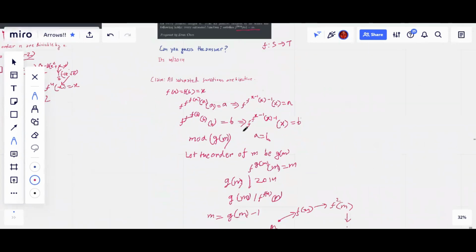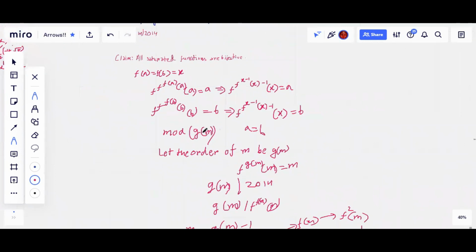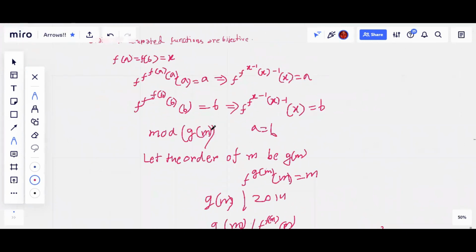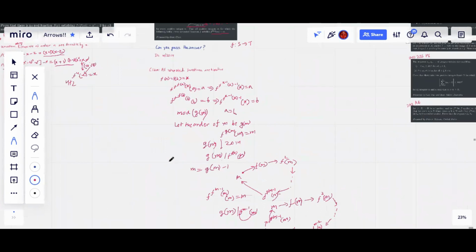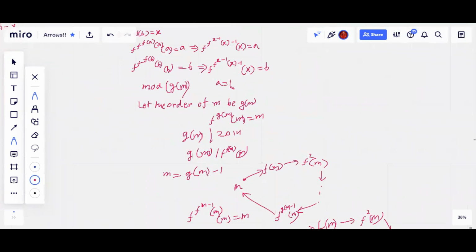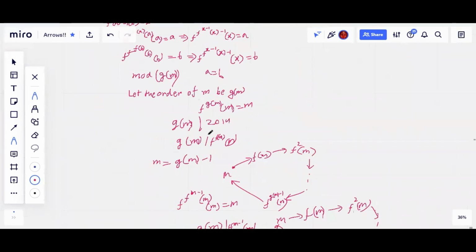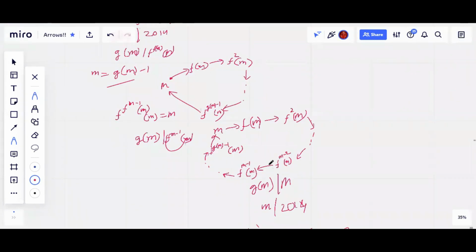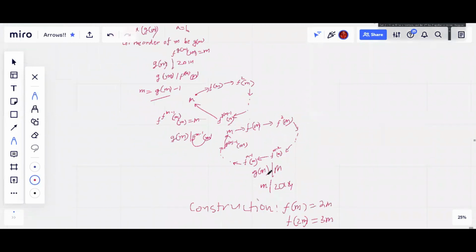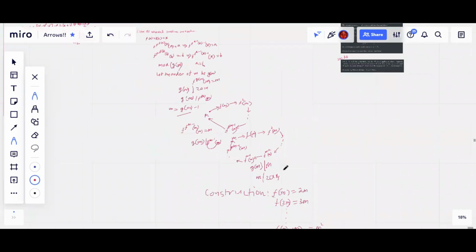So you proved injectivity, and then notice that you can take all these indices above mod of g of m, which is the order, and then you have this for divisibilities. You consider this because yeah, and then you prove that every element is divisible by g of m, so m is also divisible by g of m, and therefore m divides 2040.